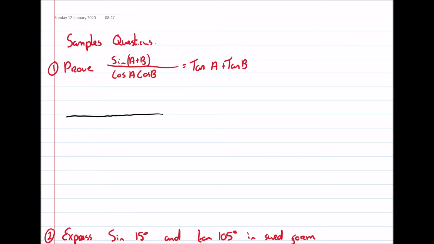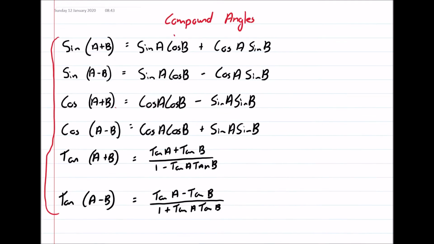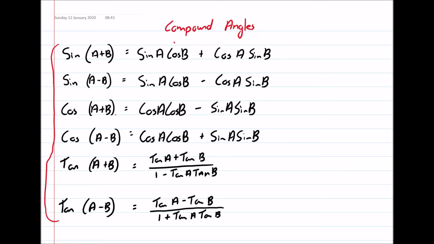So sine (A plus B) is sine A cos B plus cos A sine B. And I get that from my formula book, which is the exact formula we used in this. So here it is. That's that one there, so we're using that.